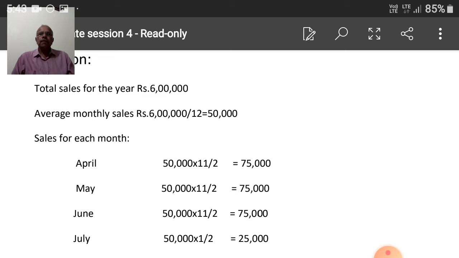First, we calculate the average monthly sales. Average monthly sales is equal to total sales divided by the total number of months in a year.